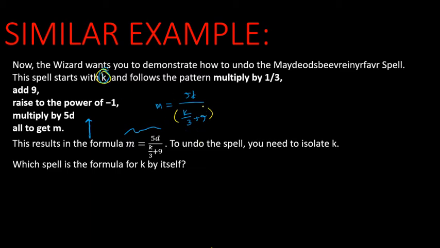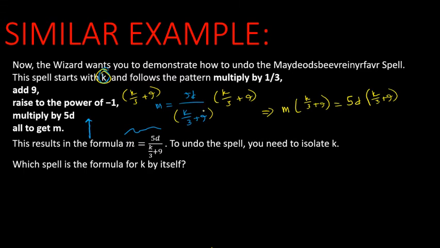So I'm going to multiply both sides of the equation by the denominator. I'm going to multiply both sides by k over 3 plus 9. So that gives me m times k over 3 plus 9 is equal to 5d times k over 3 plus 9.